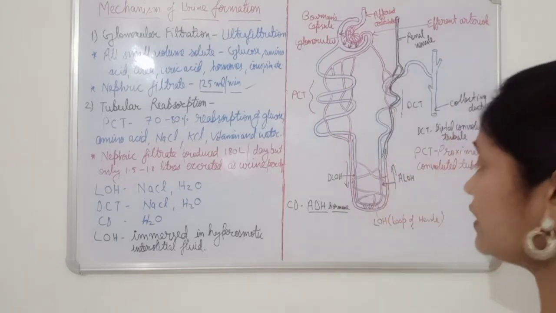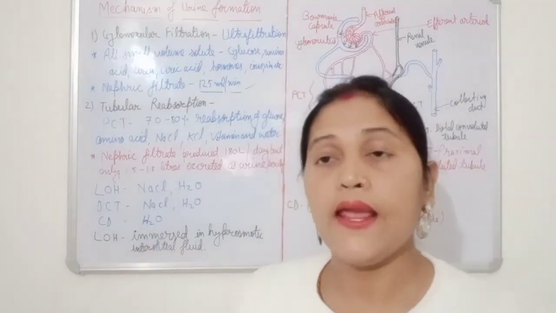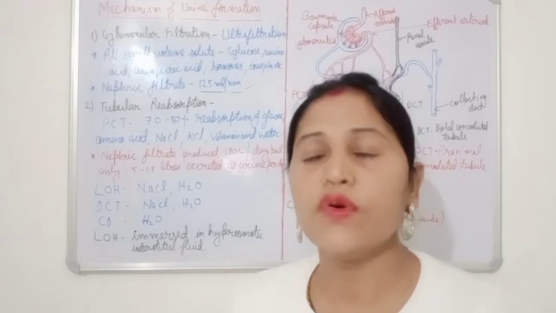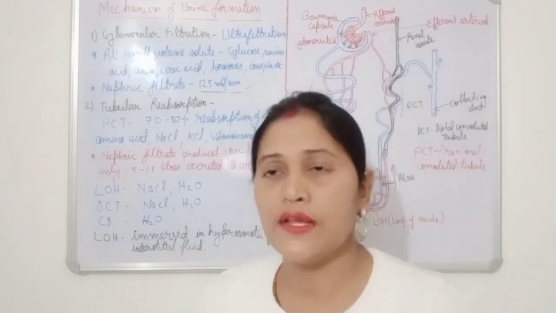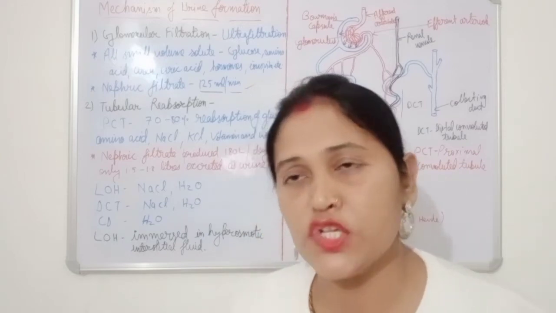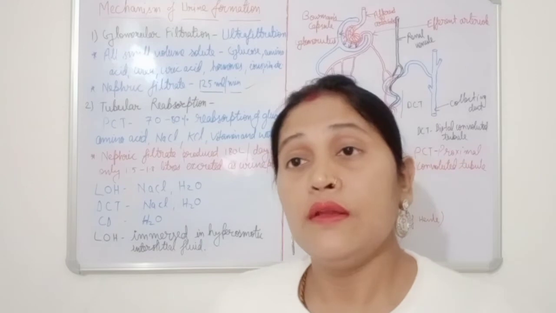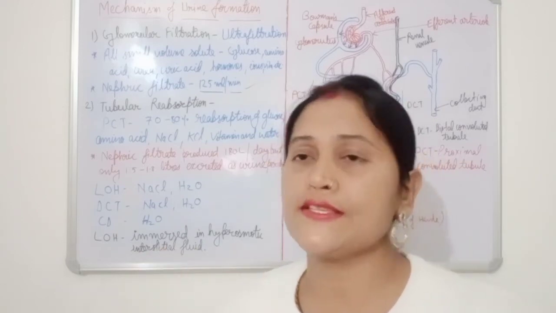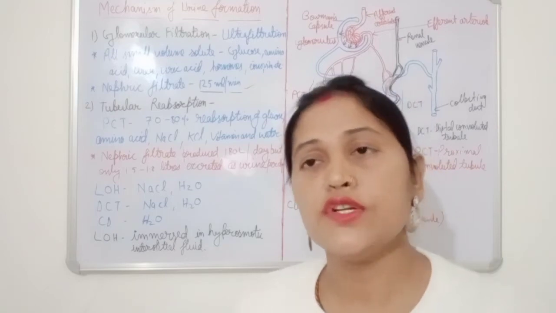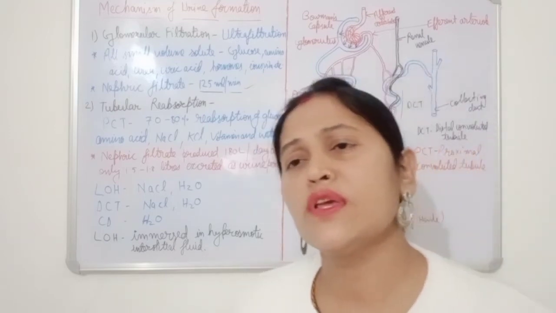And one important thing, in the collecting duct, ADH hormone acts. What is the importance of ADH hormone? Antidiuretic hormone, also known as vasopressin. It is released when concentrated urine is to be excreted. Suppose a person is drinking a lot of water.